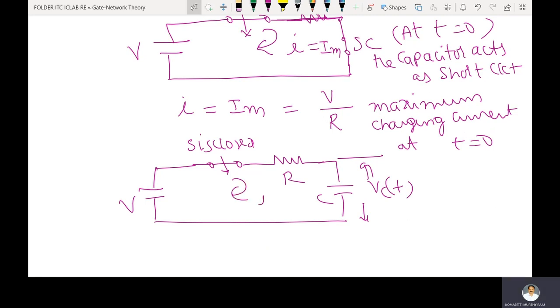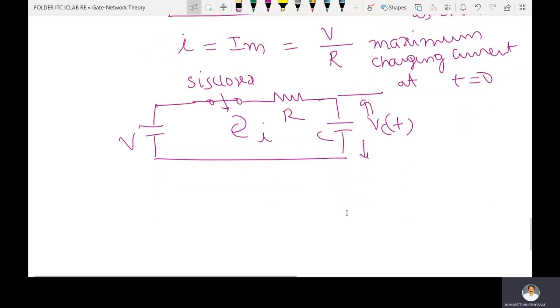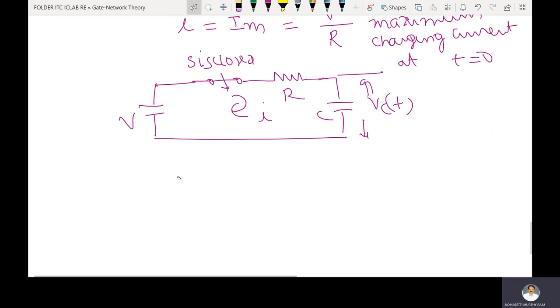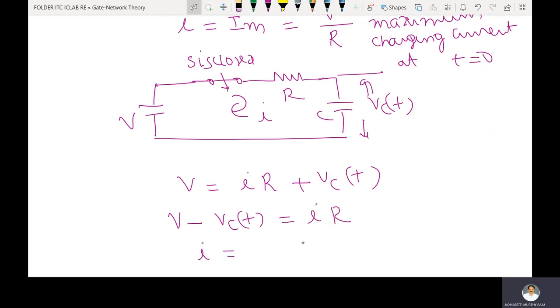The current flowing through the circuit is I at any value of t. Therefore, apply KVL: V is equal to IR plus Vc of t. V minus Vc of t is equal to IR. Therefore, I is equal to the following.